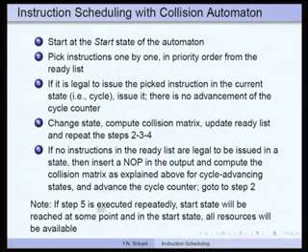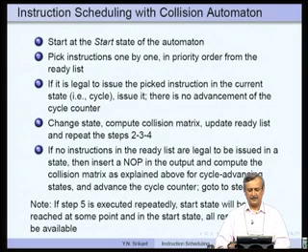If step 5 is executed repeatedly, the start state will be reached at some point, and in the start state obviously all the resources will be available. Why? Look at it this way, each one of the instructions requires a finite amount of resource, and it will definitely complete in a certain finite amount of time.